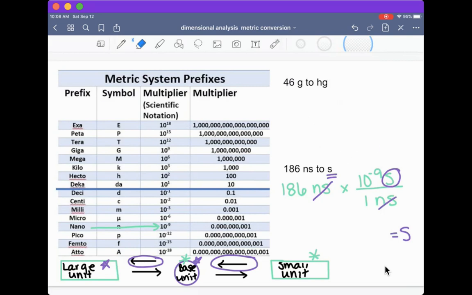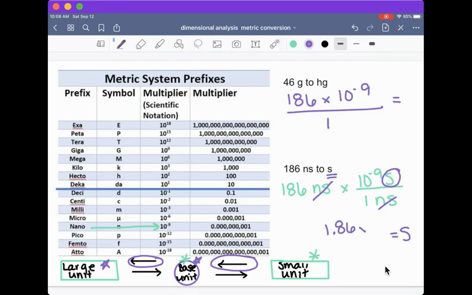All right, so we can simplify the math. We're going to have 186 times 10 to the negative 9, all divided by 1. And we can place this in our calculator. 186 times 10 to the negative 9, and we are going to get, if you have your calculator already in scientific mode, it's going to convert it for you.